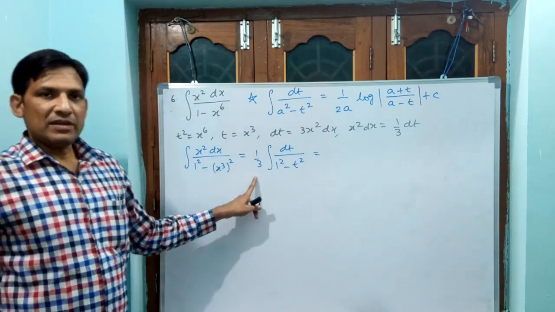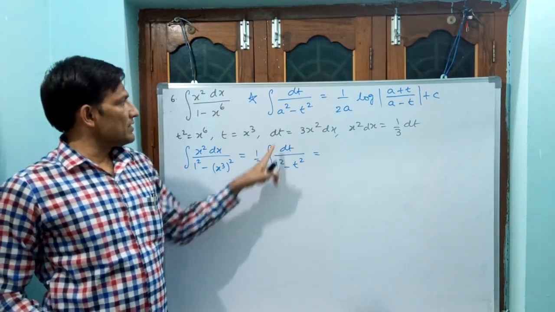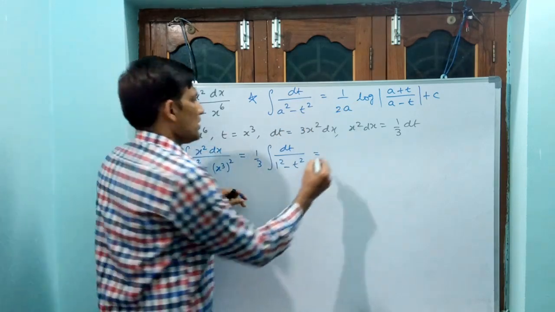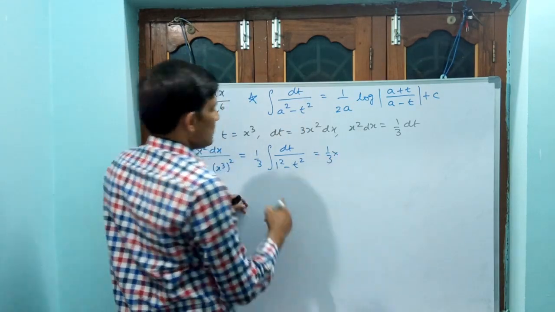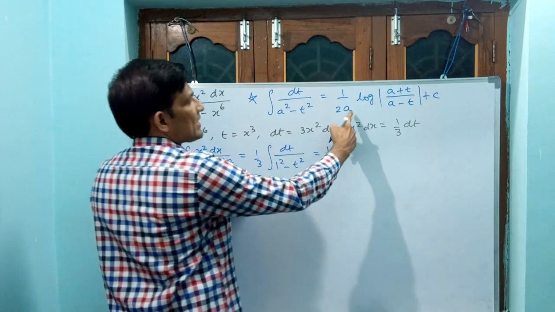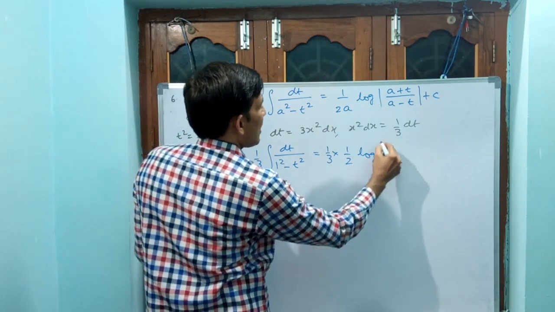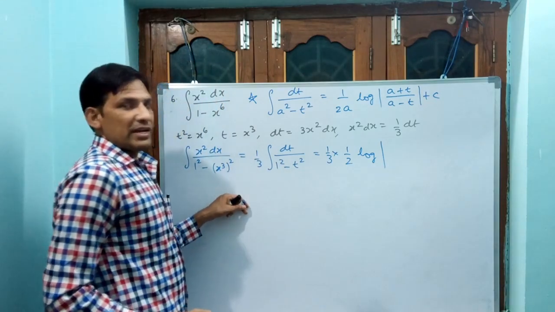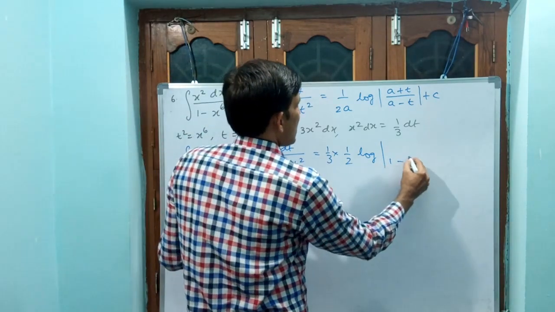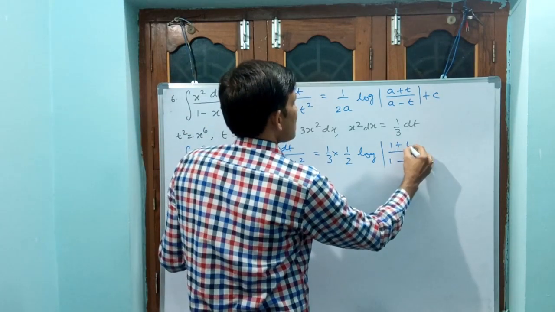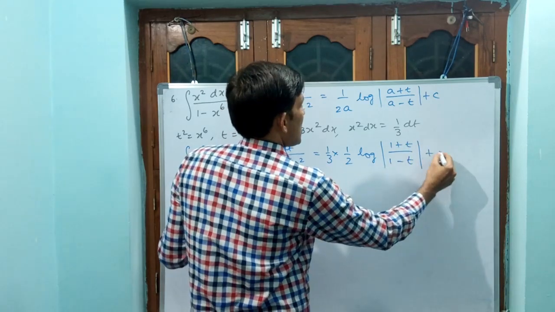Okay, 1 by 3 goes outside, but you see this formula. You see, 1 by 3 into a is 1, you did not write only 1 by 2a, meaning 1 by 2 log, a minus t means 1 minus t, 1 minus t over 1 plus t, plus c.